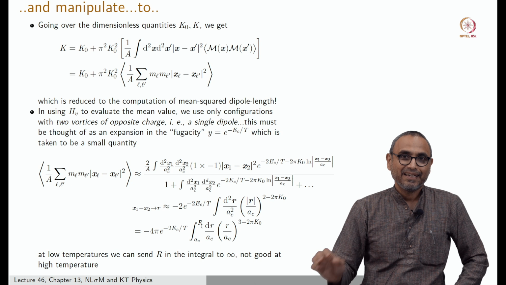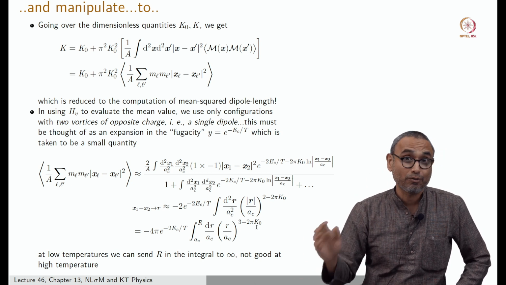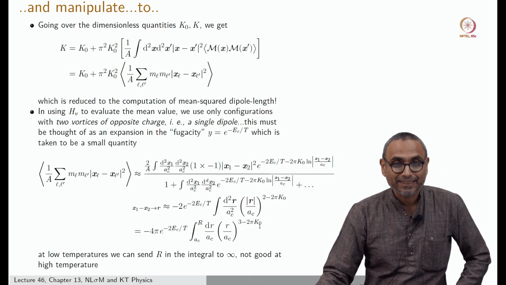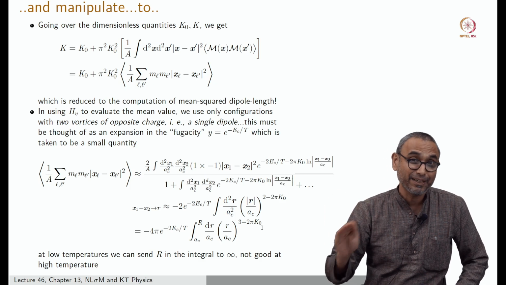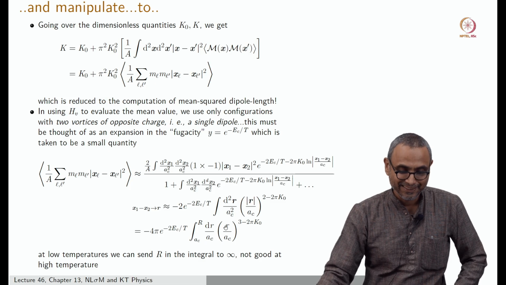Now, if I am at low temperatures, then this K0 will be very large. If K0 is large, then 3 minus 2 pi times K0 is definitely negative. That means as R goes to infinity, this is well bounded and this is a convergent integral.